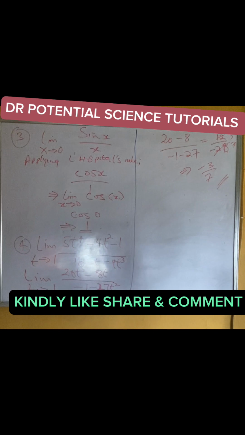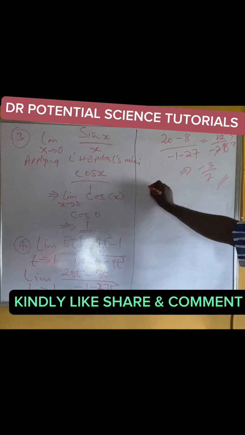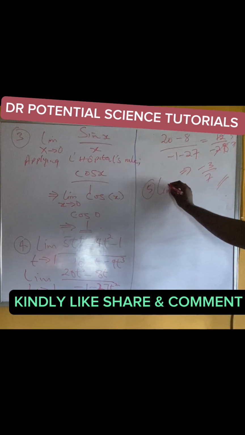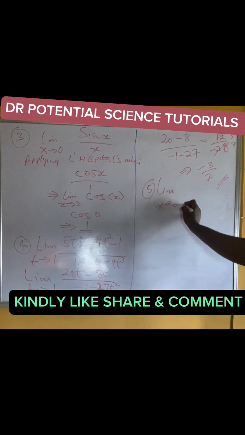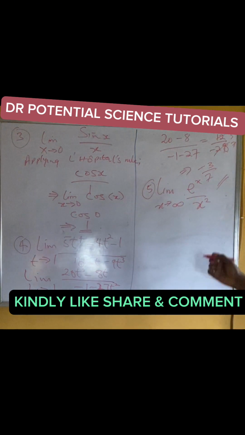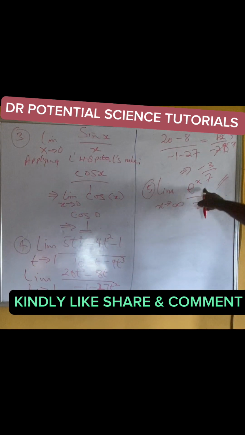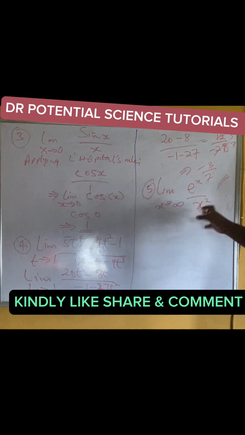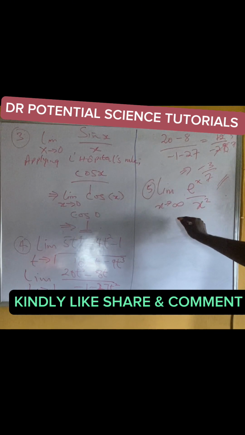Then another example is if you have something like number 5, the limit as x tends to infinity of exponential x over x squared. So what do we do here? On direct substitution, infinity over infinity. That's indeterminate. So what do we do? Differentiate up and down, numerator and denominator. Differentiate exponential x still gives us exponential x. By the time you start with differentiation, you understand those ones better.